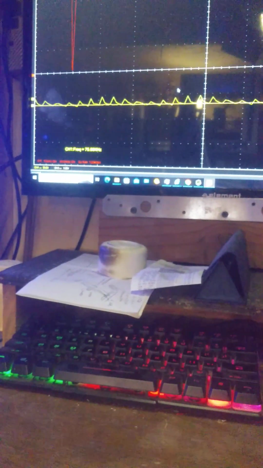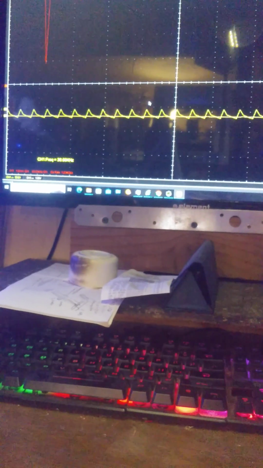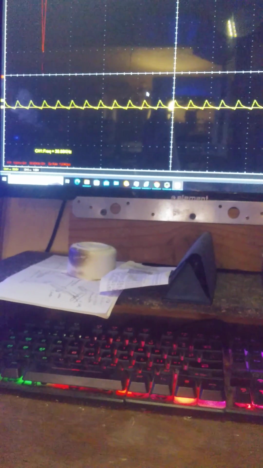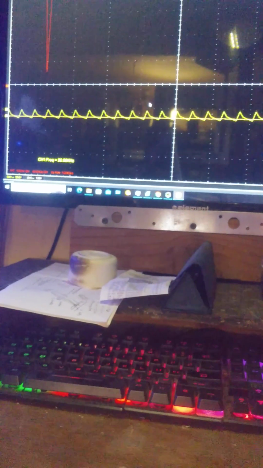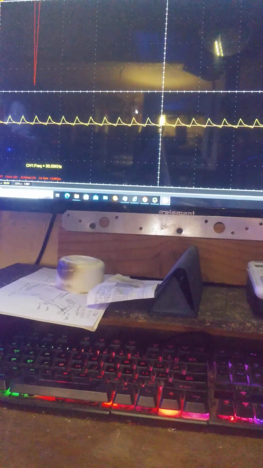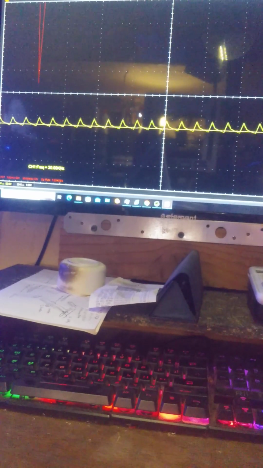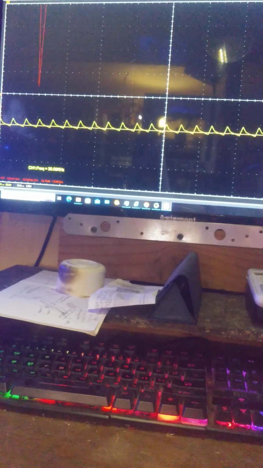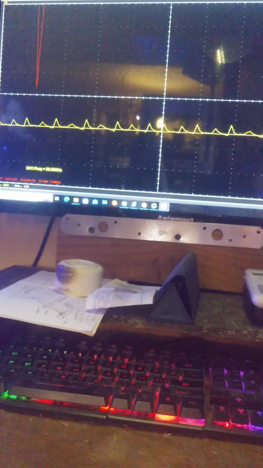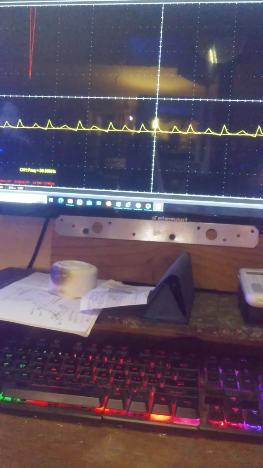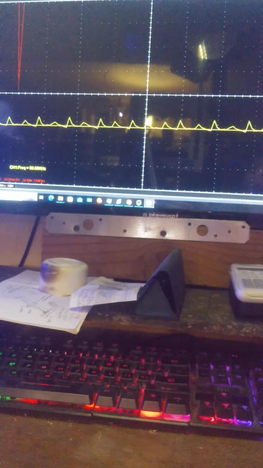So let's see what happens when you reduce it. Okay, so at 240 kilohertz, it's saying it's 30 kilohertz. 10 microseconds. Now it's at 50 kilohertz. I got it down to 220.